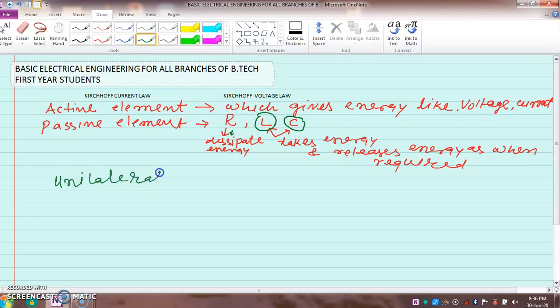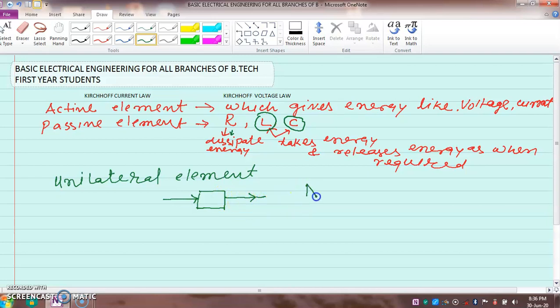Unilateral element means in this element current can go only in one direction. You can send current in this direction, going like this. You can never send it in the backward direction.